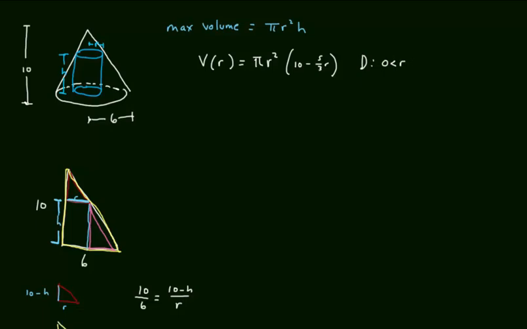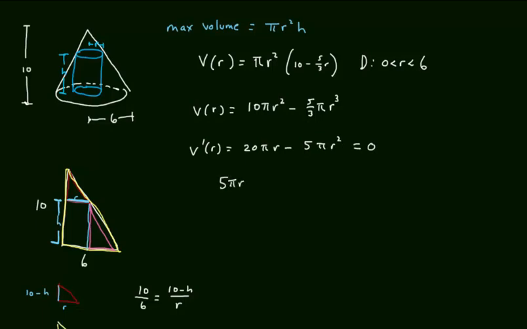Well, clearly the r has to be bigger than 0, but the r also has to be less than 6. I will distribute, and now I will find the derivative, v prime of r. So we'll have 20 pi r minus 5 pi r squared, and we want to set that equal to 0.